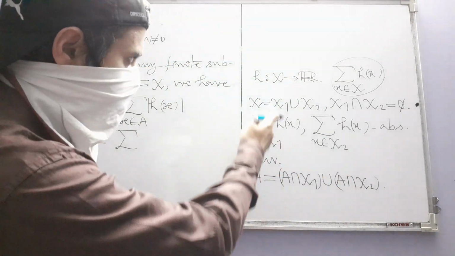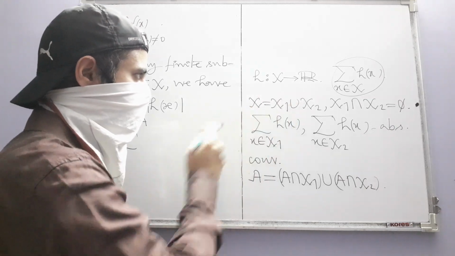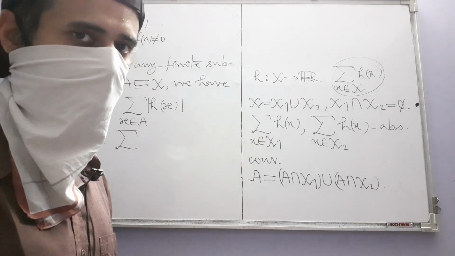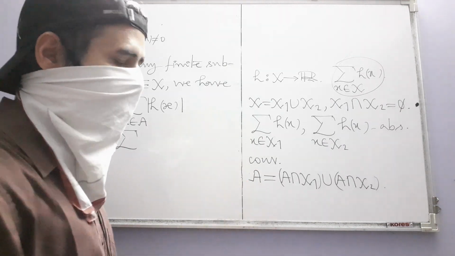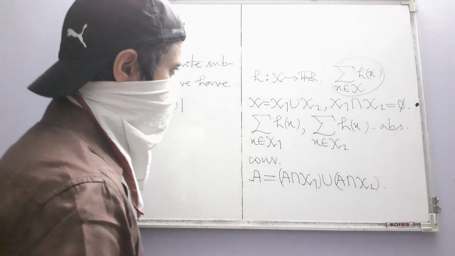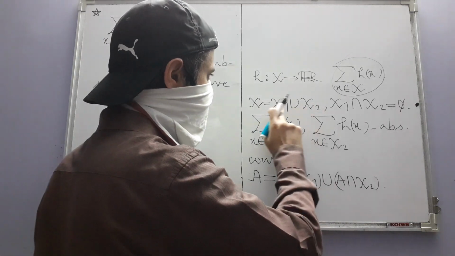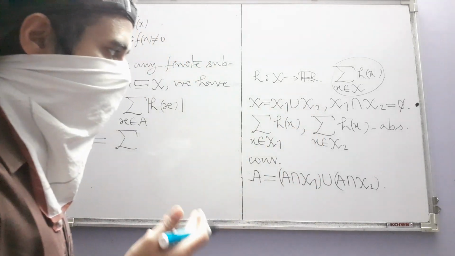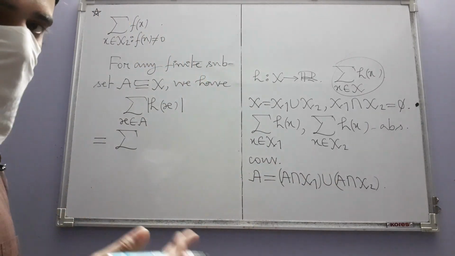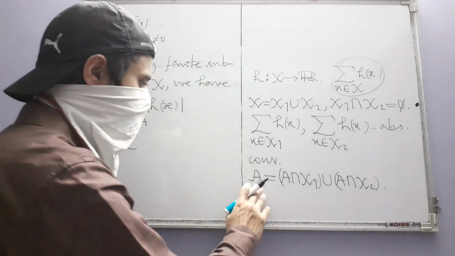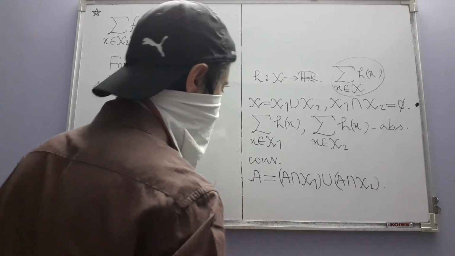How do you get this from here? You just take the intersection of A on both sides. A intersection x is of course A, because A is a subset of x. And if you take the intersection of A with this, then you use the distributive law, which gives you this union and intersection. They distribute over each other in both ways.